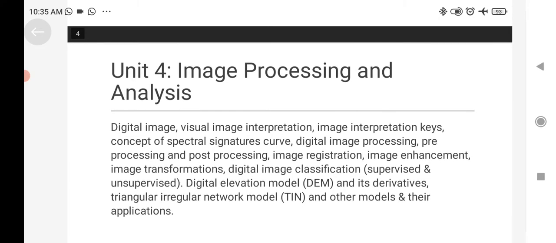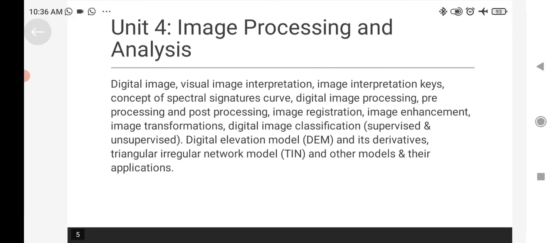Next is the fourth unit, that is image processing and analysis. In that: digital images, visual image interpretation, image interpretation keys, concept of spectral signature curve, digital image processing, pre-processing and post-processing. Next is image registration, image enhancement, image transformation, digital image classification, that is supervised and unsupervised classification.